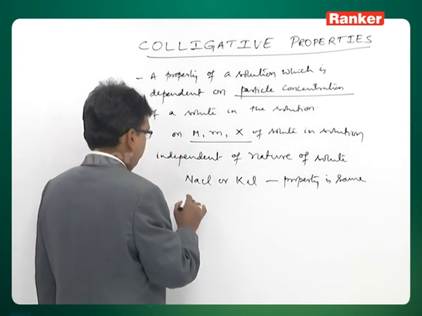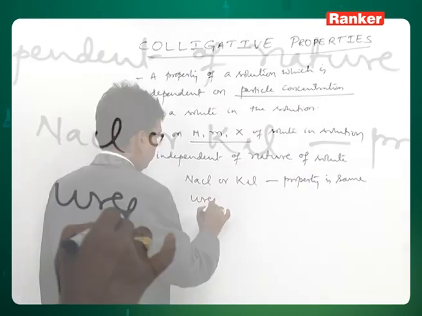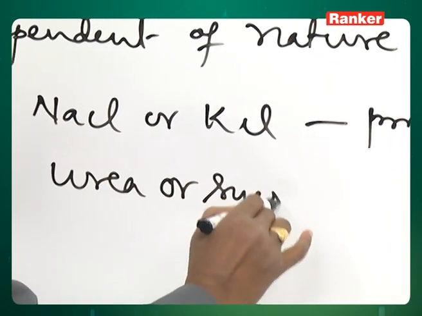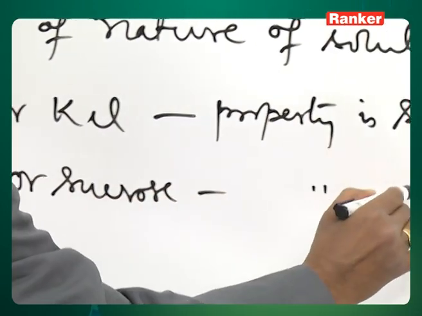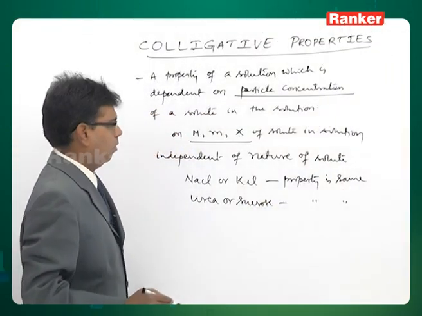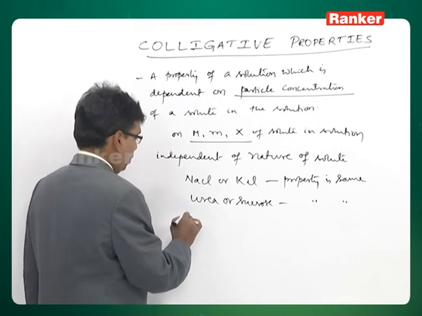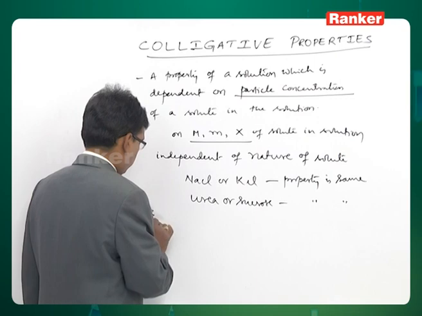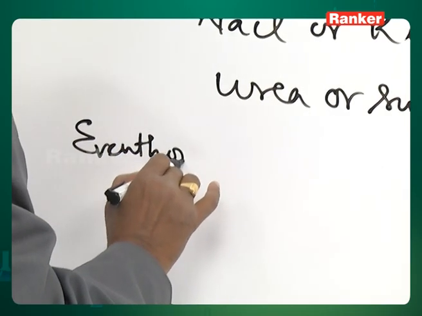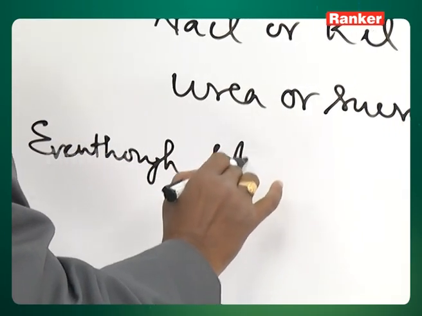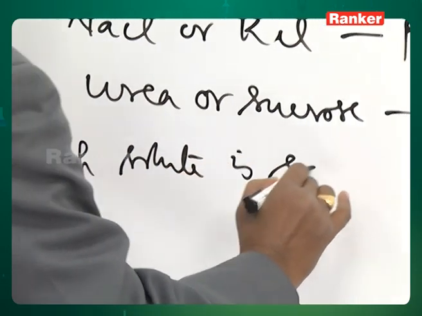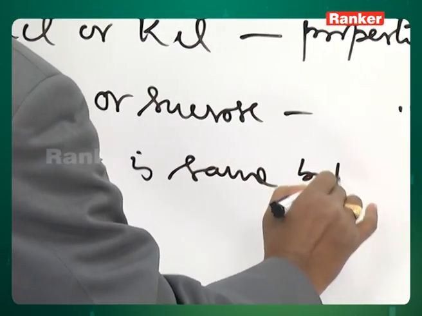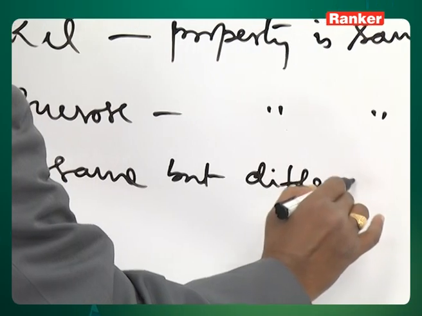Similarly, whether the solute is urea or sucrose, the property is the same, but the property is different if, even though the solute is the same, it differs in concentration.